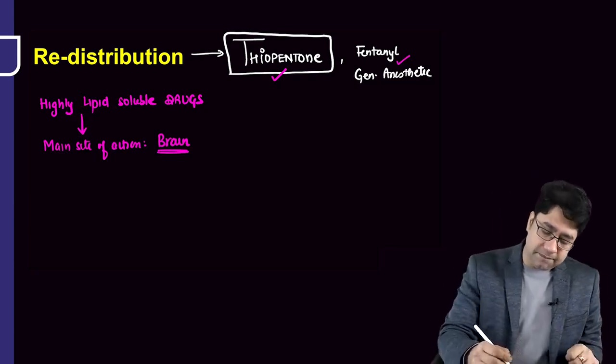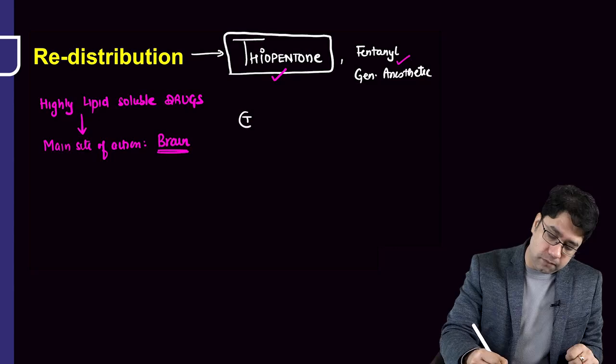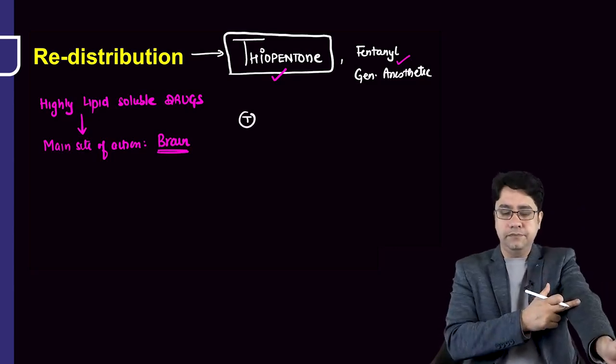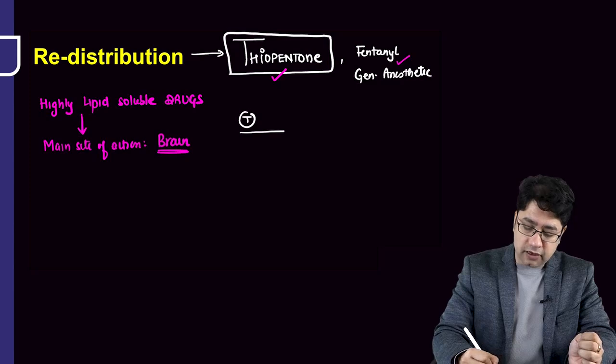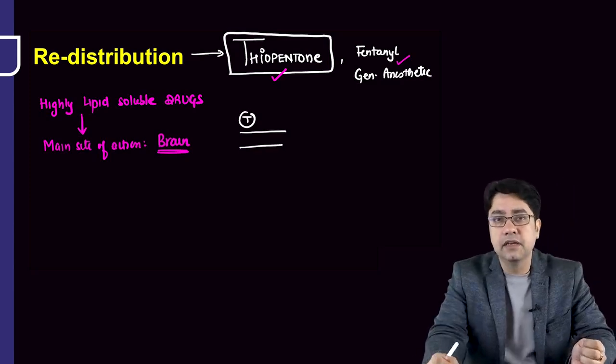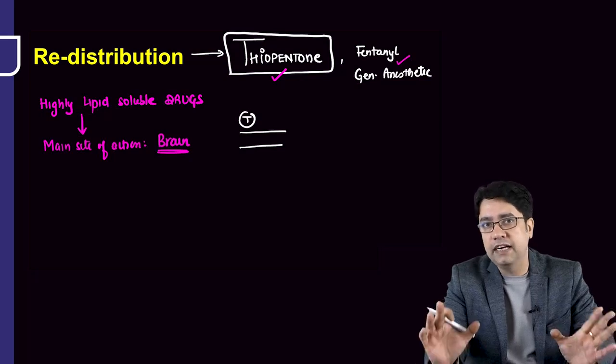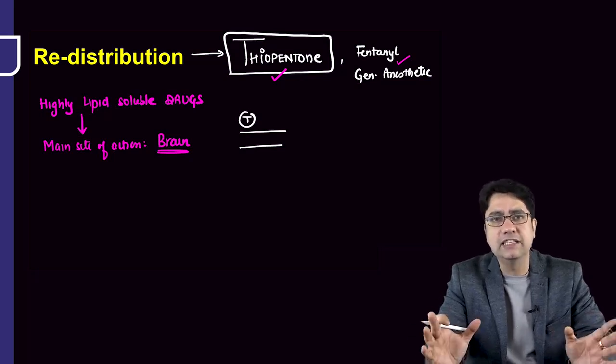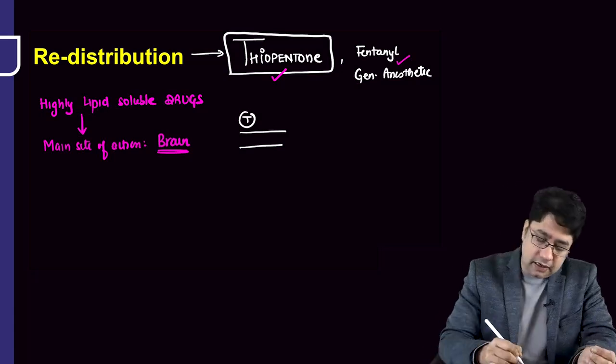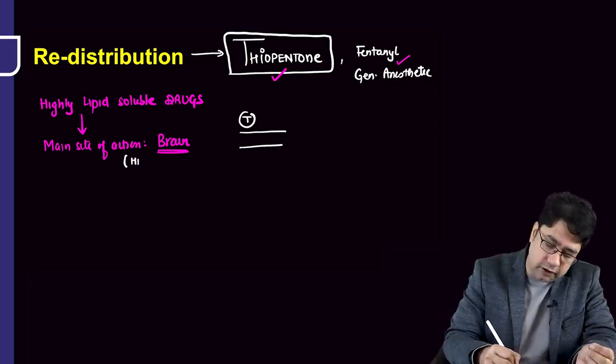Now, let's say you have given thiopentone into blood. Can you tell me which organ has more blood supply? Is it brain or is it fats? Obviously, it is brain. Brain is a highly perfused organ.